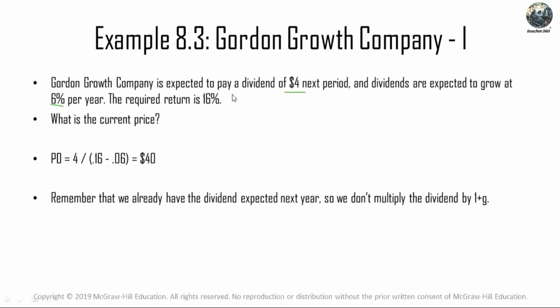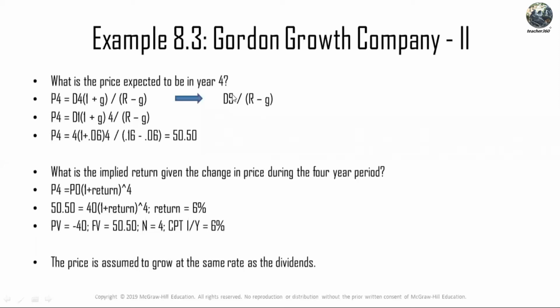So D4 (1 plus G) equals D5. We can also write it as D1, the first year dividend, into (1 plus G) power 4.